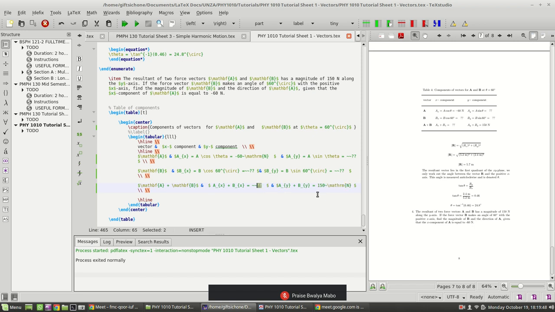If the vector A plus B lies along the y-axis, it has a size of 150 newtons, then how much is Ax plus Bx?